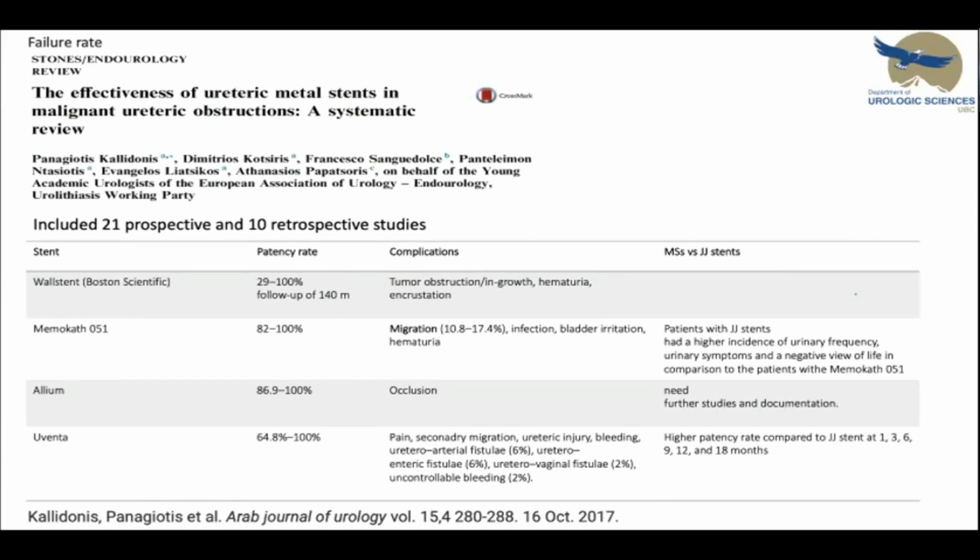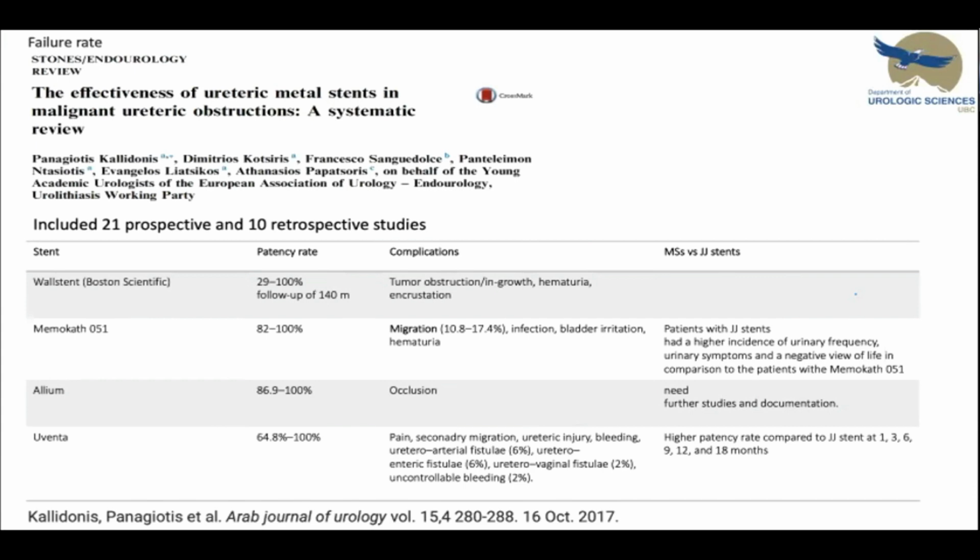Memokath has a high patency rate, ranging from 82 to 100%, but one of the major complications is migration, which has been reported to be between 10.8 and 17.4%. Other complications such as infection, bladder irritation, and hematuria have been noticed too.